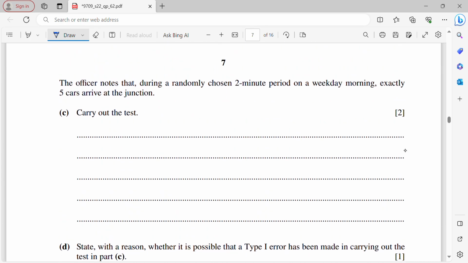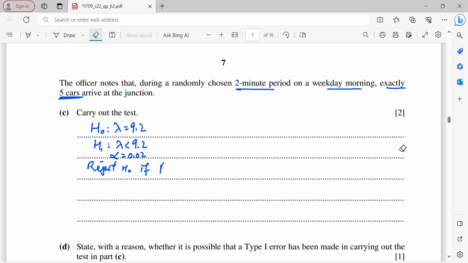Right, now the officer notes that during a randomly chosen 2 minutes period on a weekday morning, exactly 5 cars arrive at the junction. Carry out the test. Okay, so now my test will be H0: lambda equals 9.2, H1: lambda less than 9.2. I should write alpha first. Alpha is 0.02, so reject H0 if X ≤ 3.